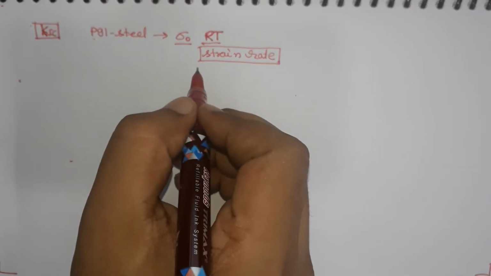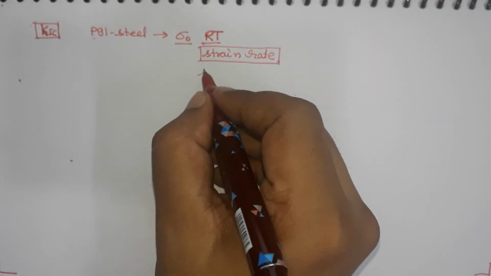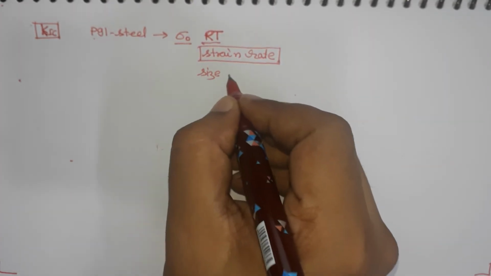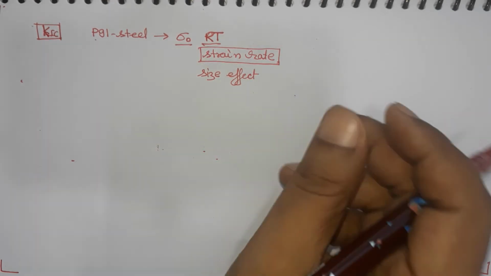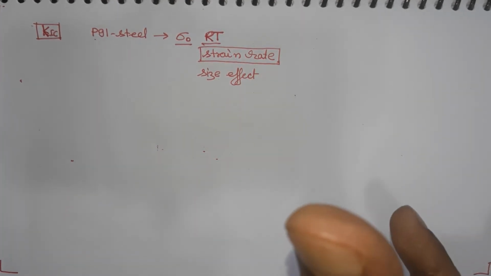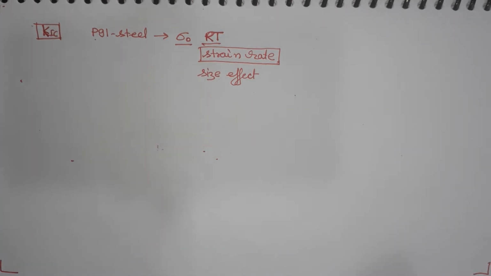Okay. There will be some size effect, but that size effect is not very significant unless your size effect is too significant. So, of course, if you measure the tensile strength, it is again another discussion how to measure the tensile strength for a very small size of P91 steel or any other material.